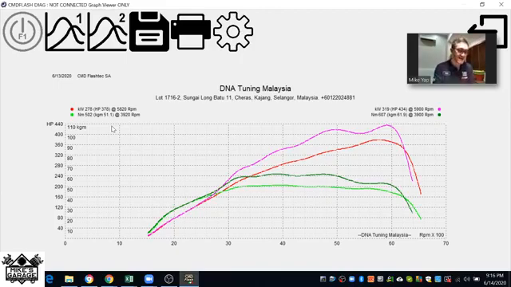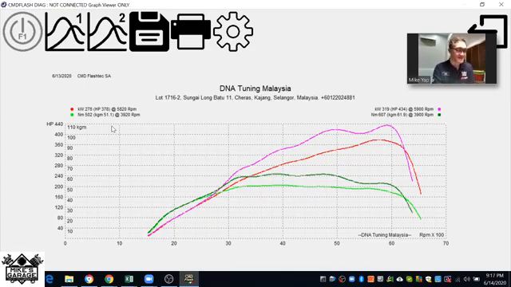So let's use an 82% calculation, which will give you the wheel horsepower. Maybe we can use 15% on the AMG because the gearbox is very efficient, as it's a direct clutch transmission.